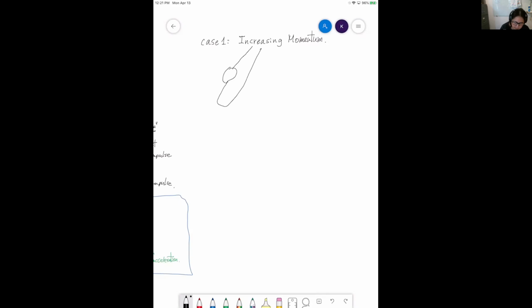On this ball, at this moment that it's being hit by the bat, there's a force exerted on the ball.